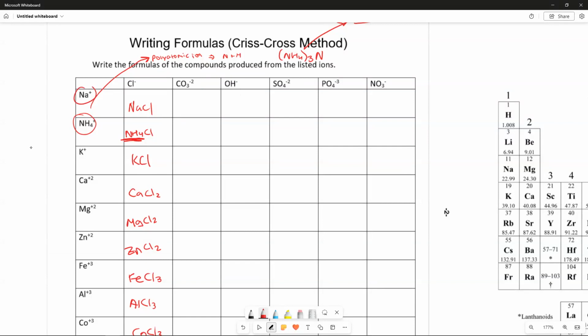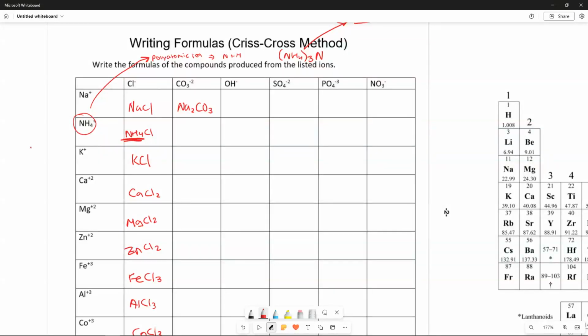For every 1 carbonate ion we need 2 sodiums, because carbonate has a 2 minus charge and sodium only has a 1 plus. Therefore we need 2 atoms of sodium per every 1 carbonate ion, so it'll be Na2CO3.